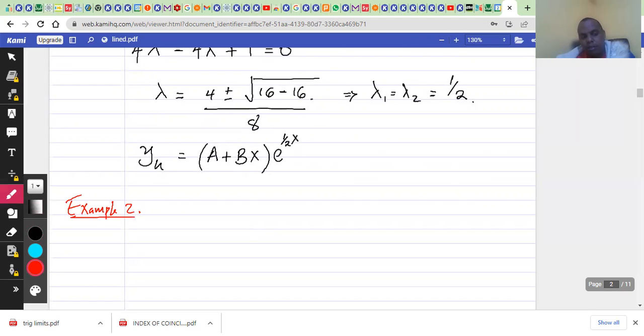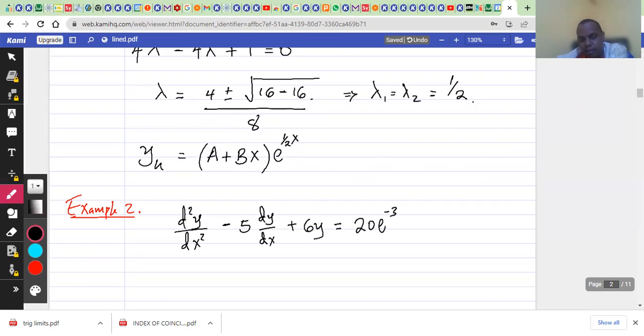So we want to solve this second order differential equation: the second derivative minus 5 multiplied by the first derivative plus 6y equals 20e to the power of negative 3x.